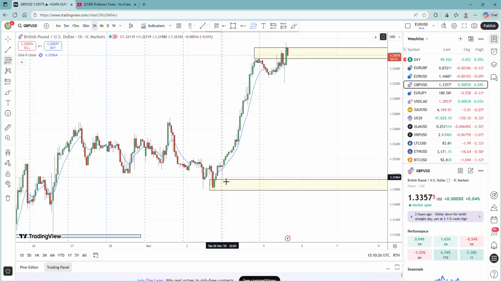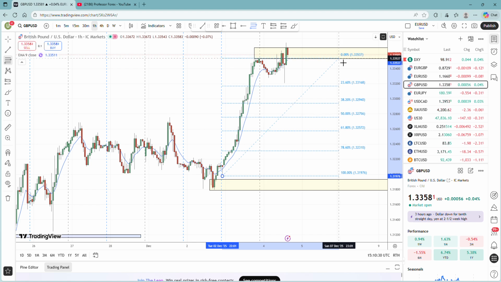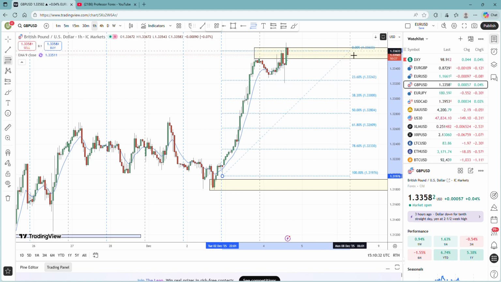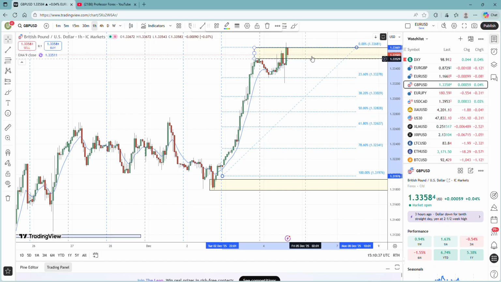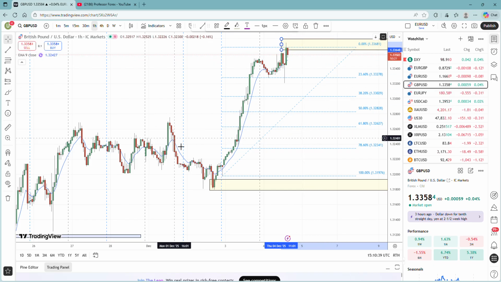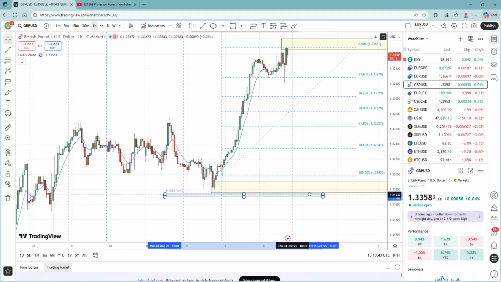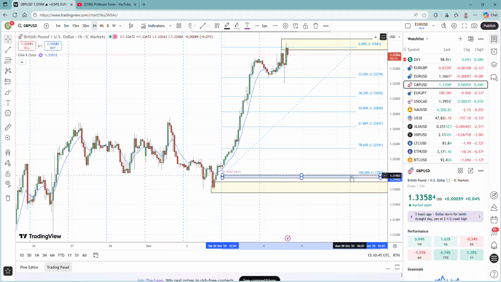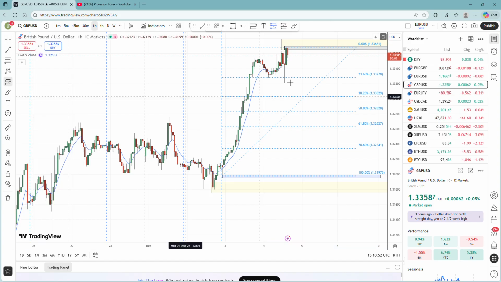H1 Fibonacci retracement tool, drawn from the previous day's low to the previous day's high. These would be your levels before the market opened. However, as you can see, it's gone all the way up here. H1 support, H1 resistance.